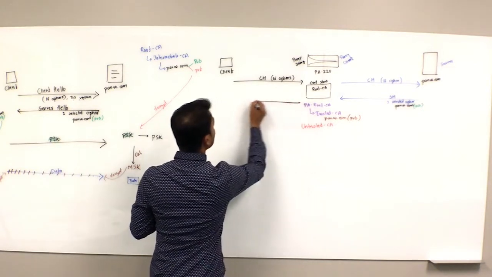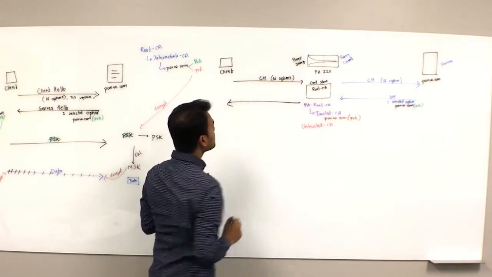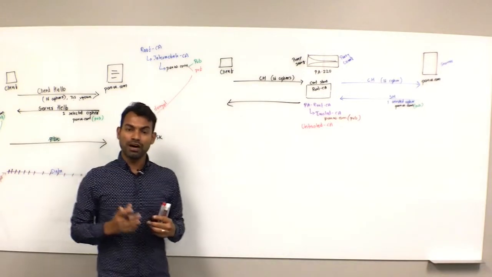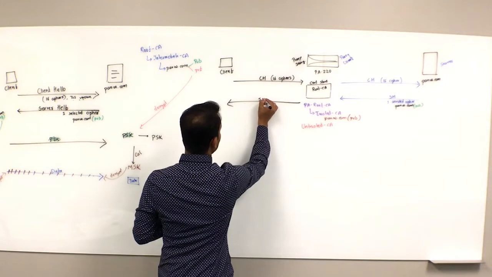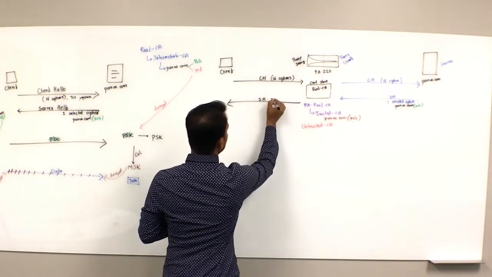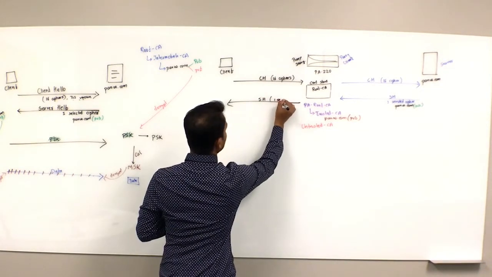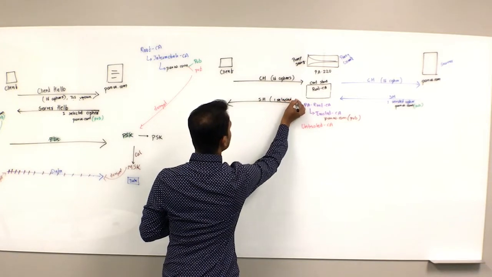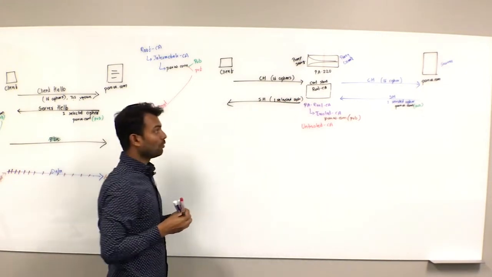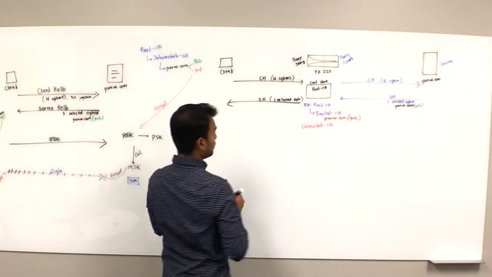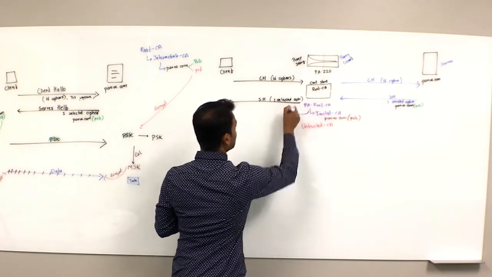So when the server, or our firewall acting like a proxy server, is sending this, it will send the server hello, or SH in this case, with one selected cipher. With that cipher, it will also send the chain of the certificates here.